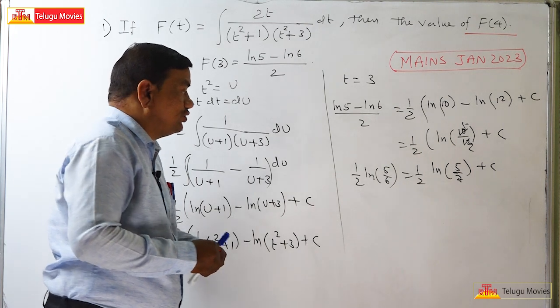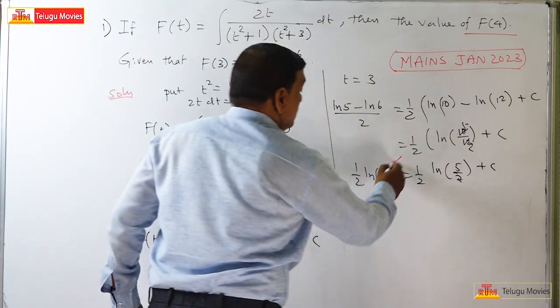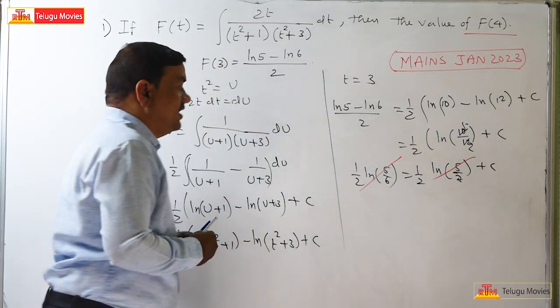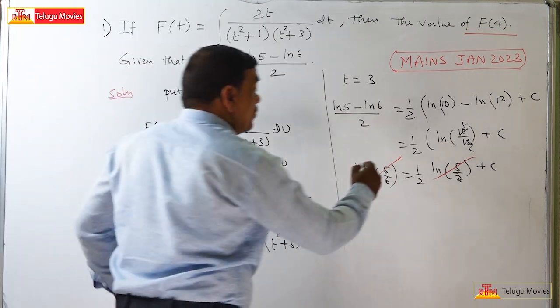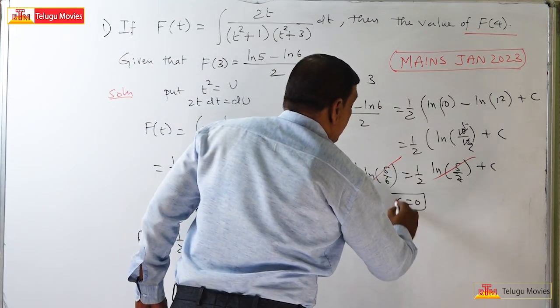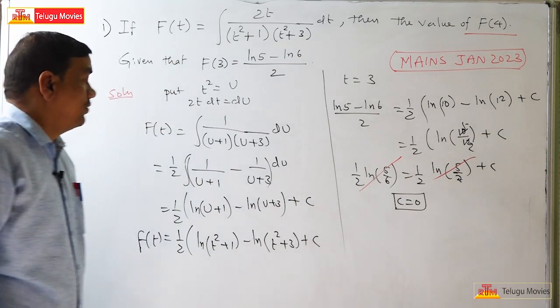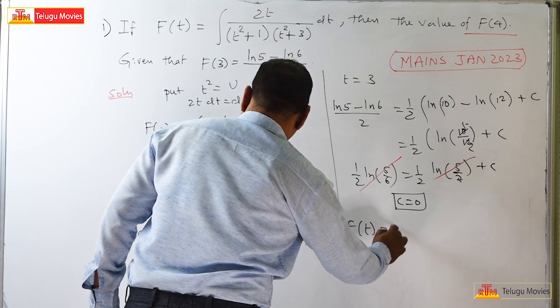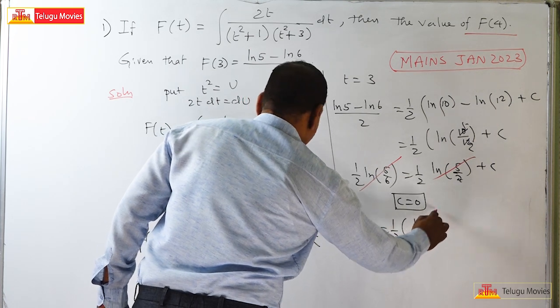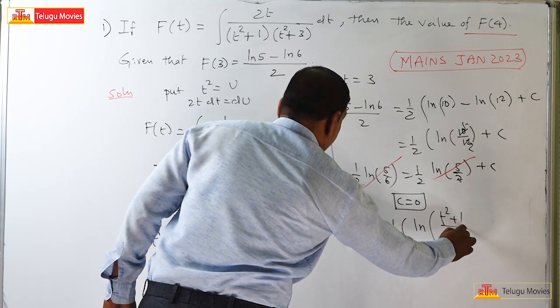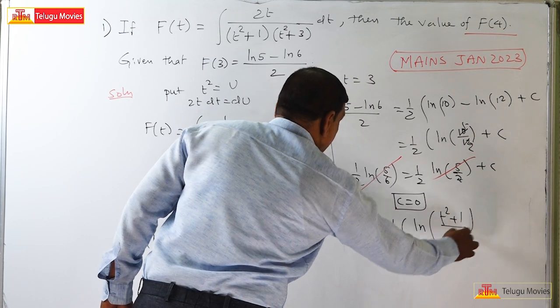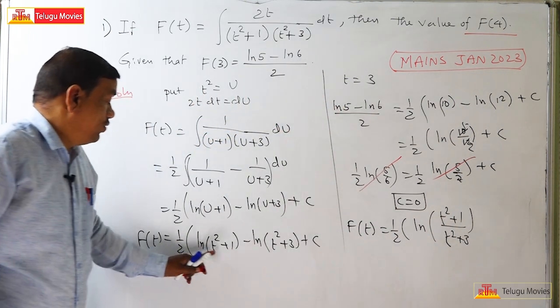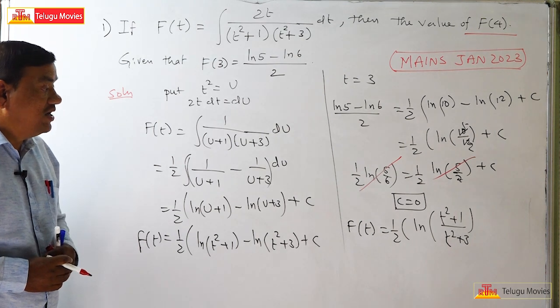So these two will get cancelled, and we will get c equal to 0. Therefore, finally, f of t is equal to 1 by 2 ln of (t square plus 1) upon (t square plus 3).